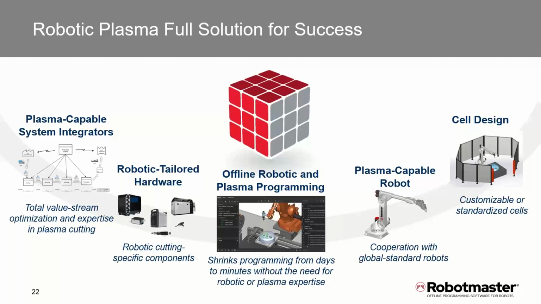And frankly, I'll let Patrick either nod or disagree with me, but there's nothing about the cut path generation that would be only applicable to plasma. It's about us building that knowledge of water jet into Robot Master. Everything else should be the same. I don't see a limitation that it couldn't be used for that.